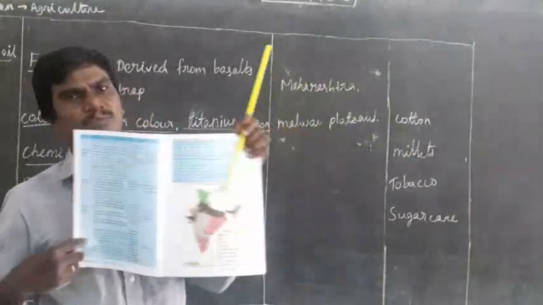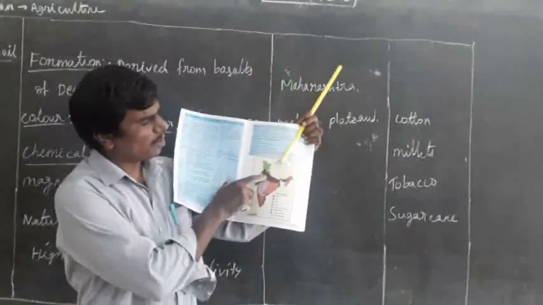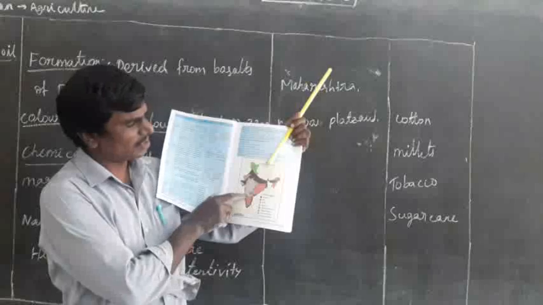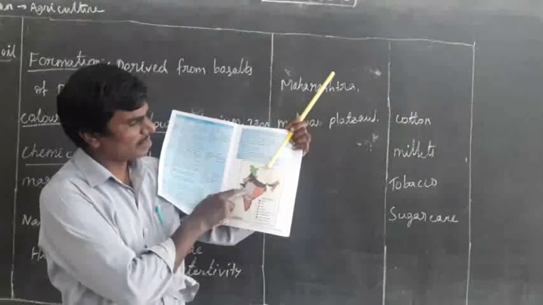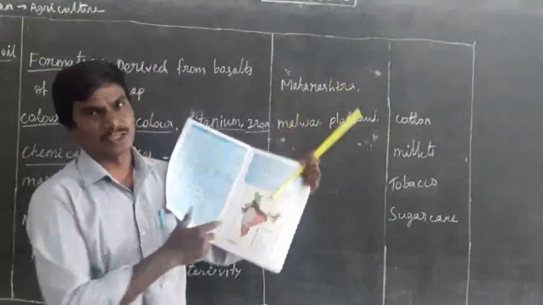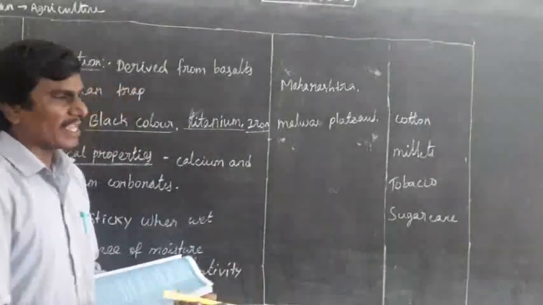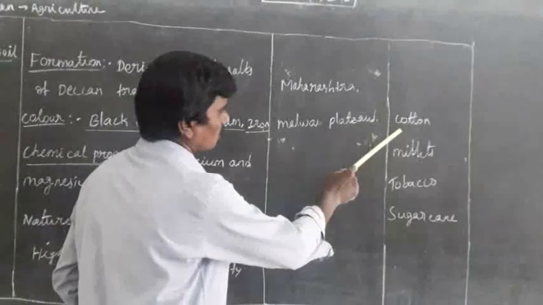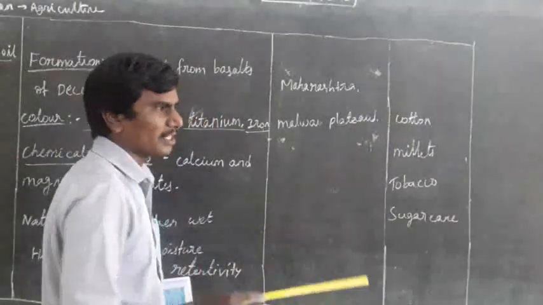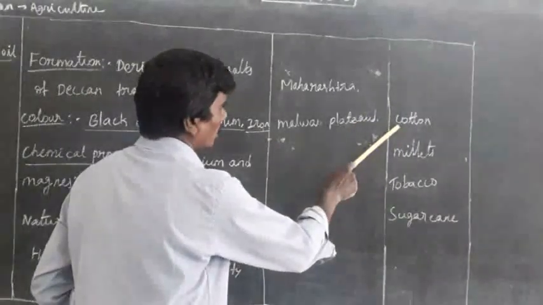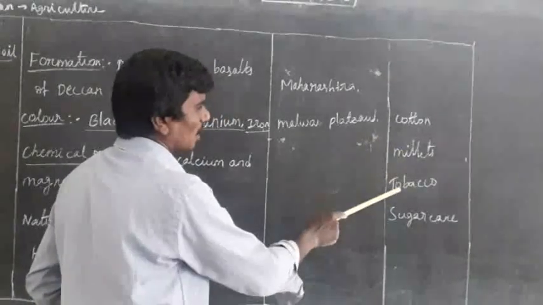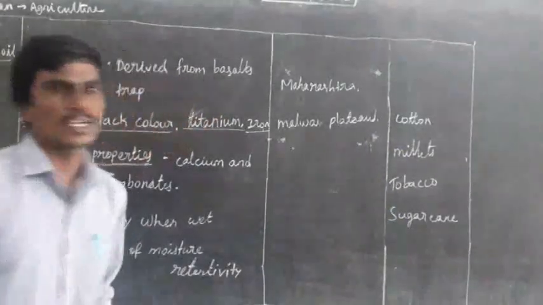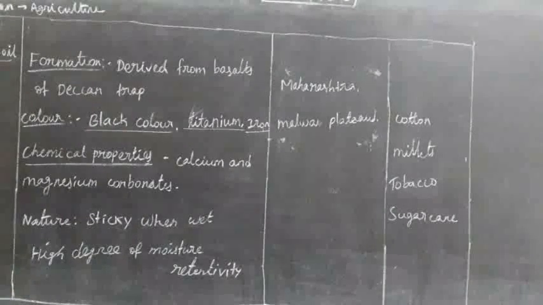Use this map here: black soil in Maharashtra, the Deccan Plateau, and some Telangana areas. The black soil is mainly cultivated for cotton. Alluvial soil grows paddy, black soil grows cotton, millet, tobacco, and sugarcane.